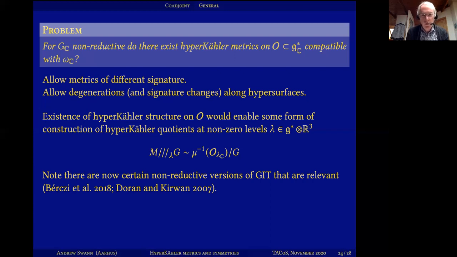And there's a better and better understanding of situations you can do that in now. So I've given a couple of references at the bottom there, but there are plenty of other authors that have worked on these things. So that might be one way to tackle this. Another way is just to go away and look at small dimensions and so on and try to deal with particular cases. I don't think anyone has really done that systematically. There's been some work, but it's not really systematic.